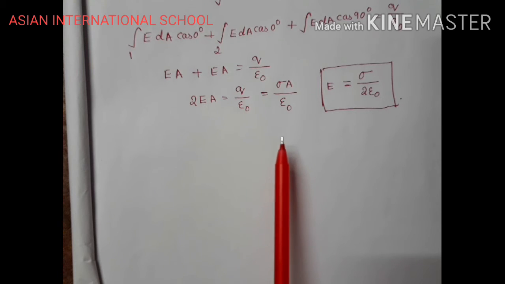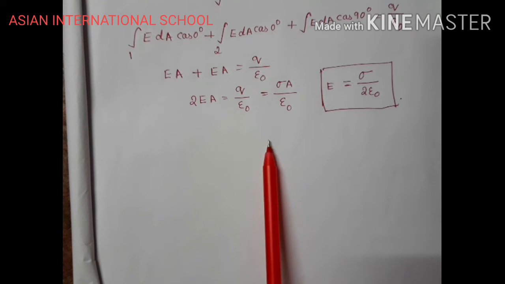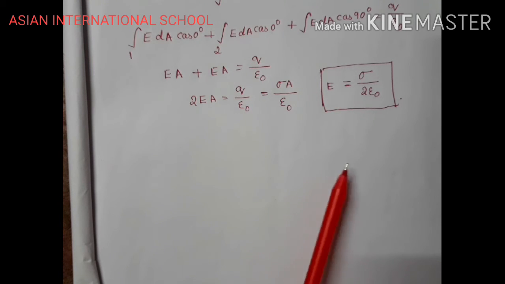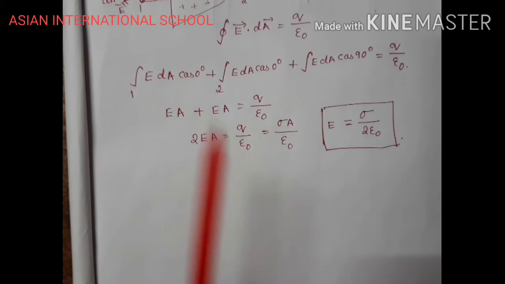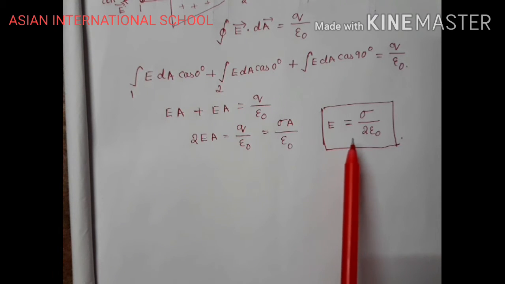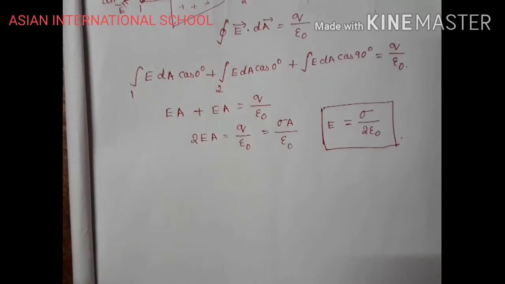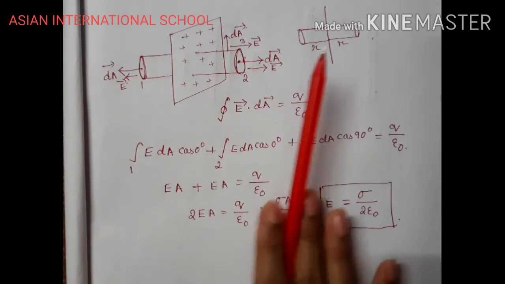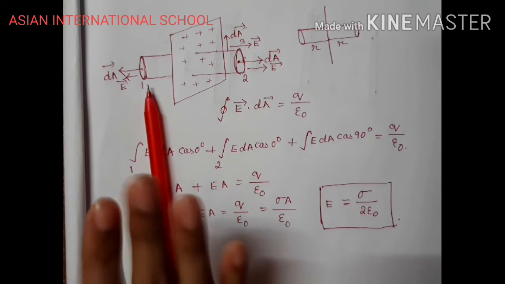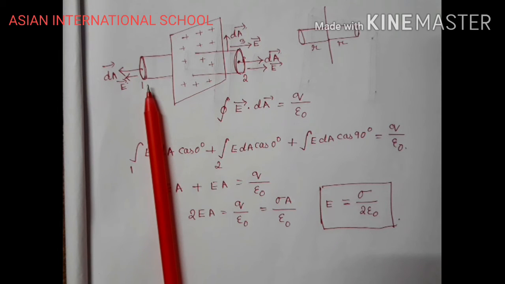That distance is very small compared to the sheet, so the sheet appears infinite to you. So that is why the electric field is not depending on the distance and is constant. Throughout, outside the sheet, wherever you take the distance, it's constant. And this is applicable when you are taking an infinite sheet.